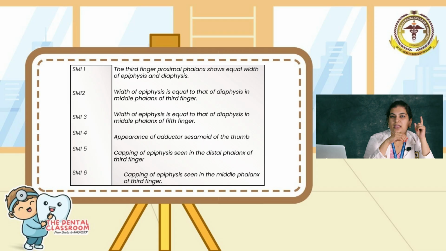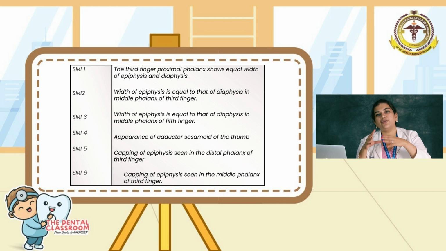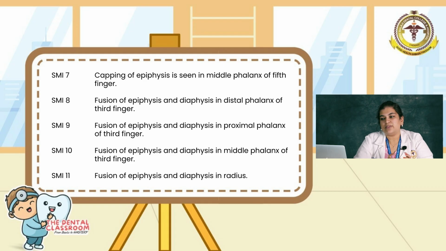Just to recap, SMI 1, 2, 3, epiphysis and diaphysis were equal in width. 4, appearance of adductor sesamoid. 5, 6, capping of epiphysis and diaphysis. And the rest of the stages will talk about complete fusion, meaning beyond which your growth has come down drastically. SMI 8 is wherein there is a fusion of the distal phalanx of the third finger.